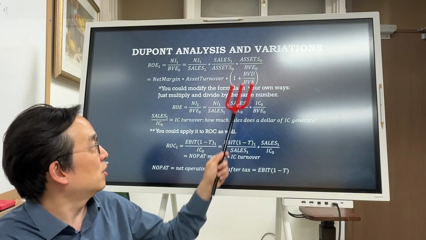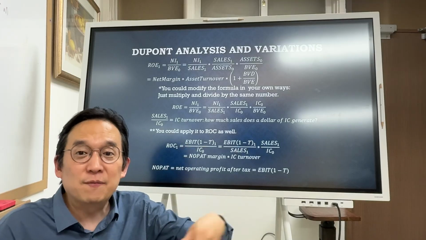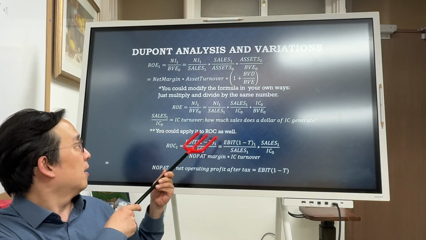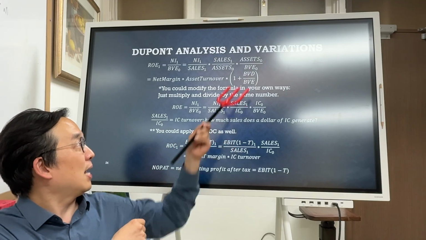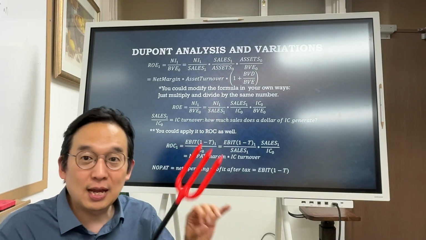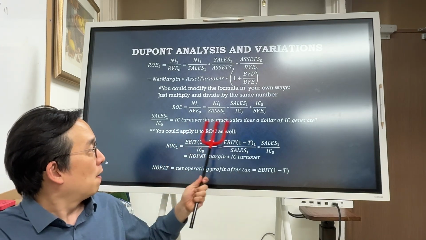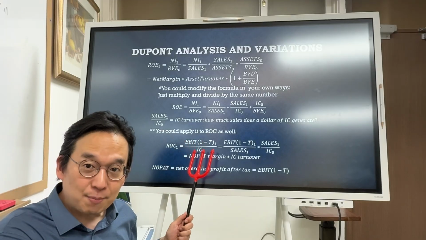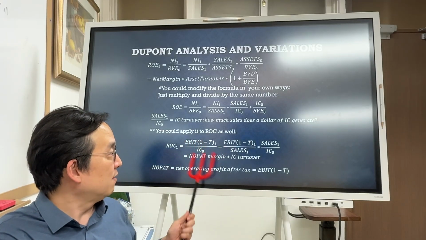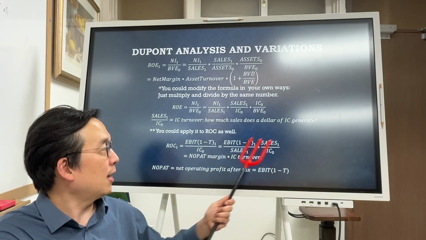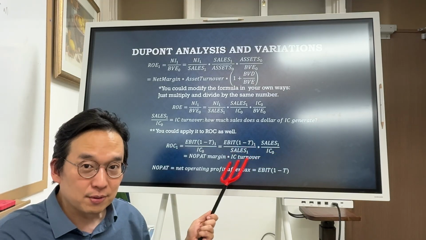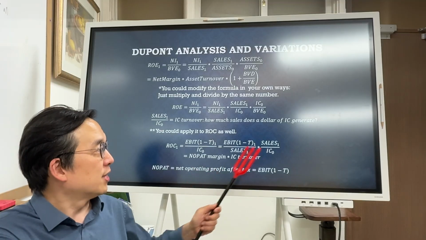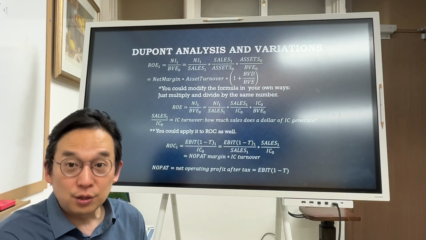Instead of assets, you're just talking about in terms of investors as a whole, and then you could apply the same idea of DuPont analysis decomposition on ROC. So ROC, you start with after-tax operating income divided by invested capital. You multiply and divide by the same sales amount, right? And then the first item will be NOPAT margin. The second item will be invested capital turnover.